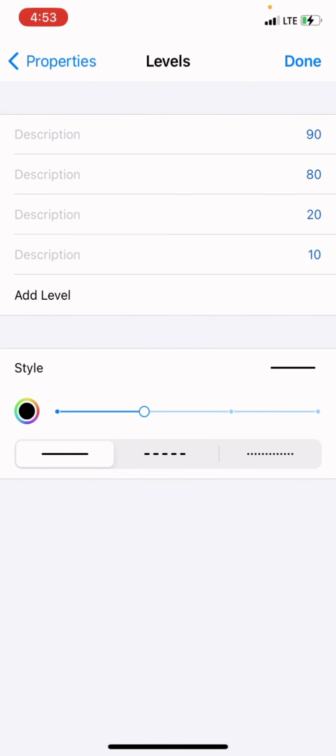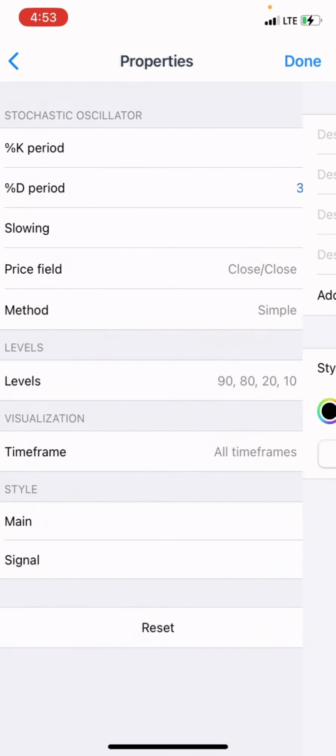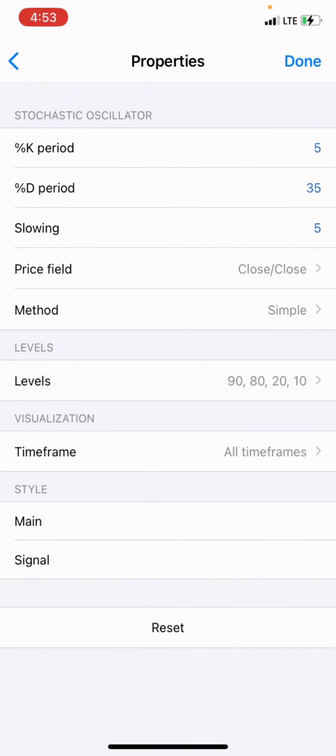I would suggest you all use the same colors as I'm using on my own until you understand the indicators properly, you understand the setup and the strategy properly, and you can customize the colors as you wish. But for now, you can just copy the same colors that I'm using for clarity. Okay, so click done when you're done with that, and you are good for the main page.